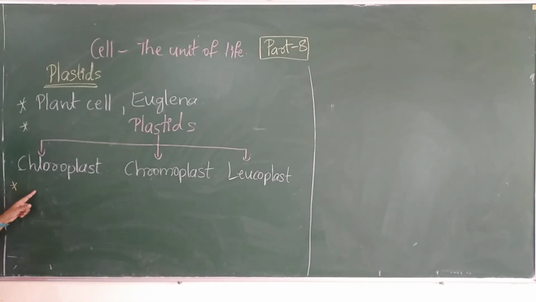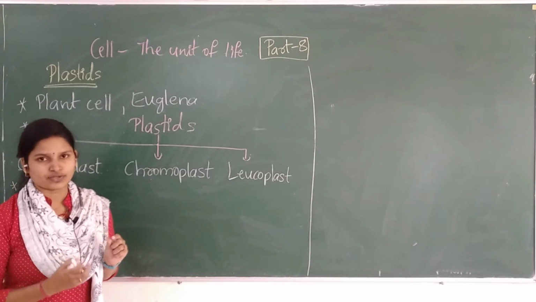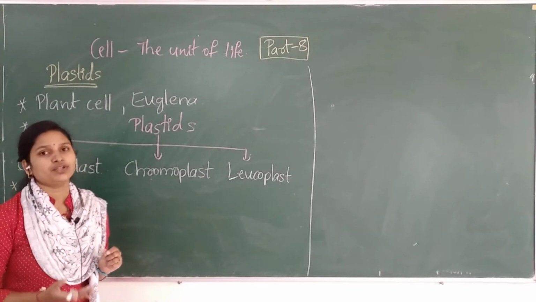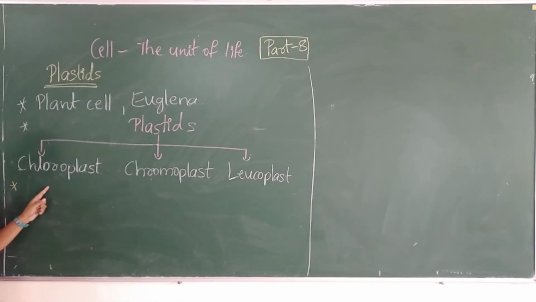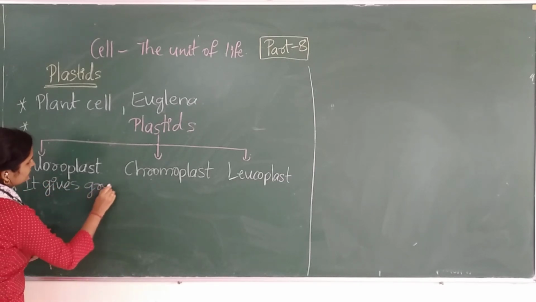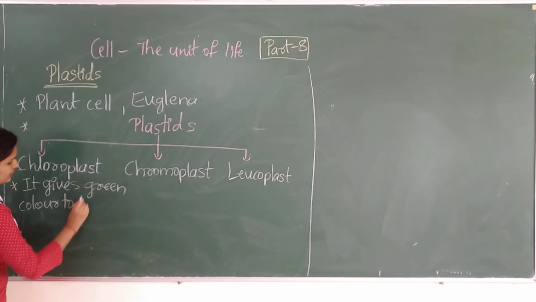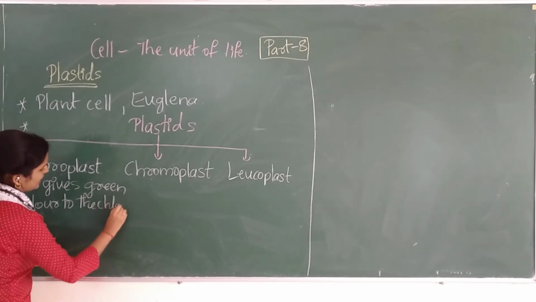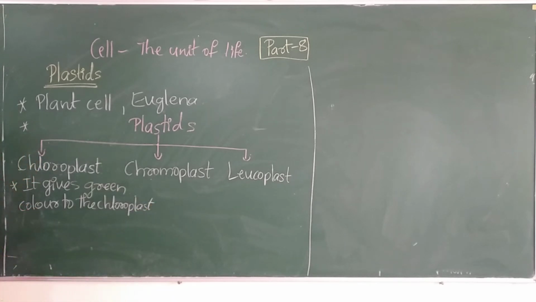Chloroplasts help in the photosynthesis process, and the green color the plants have is mainly because of this chloroplast. It gives green color to the plant, and it is the site where photosynthesis takes place. Okay, understood?